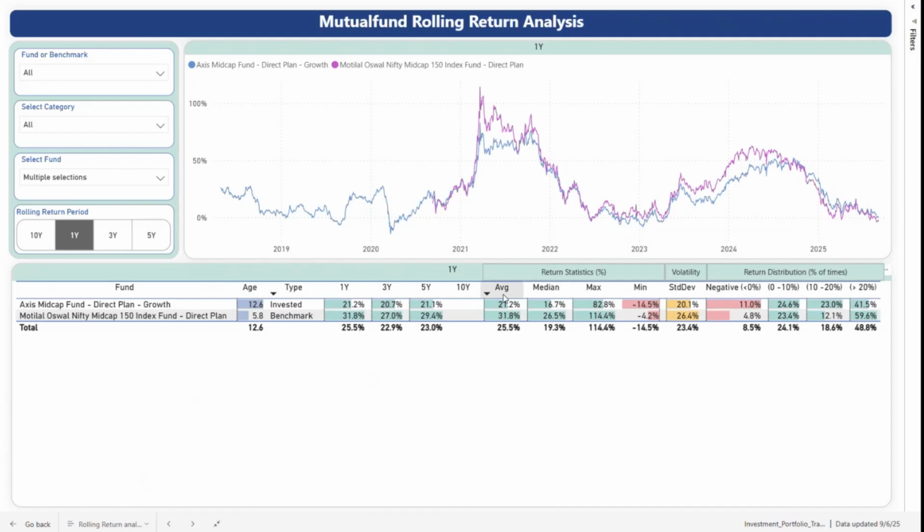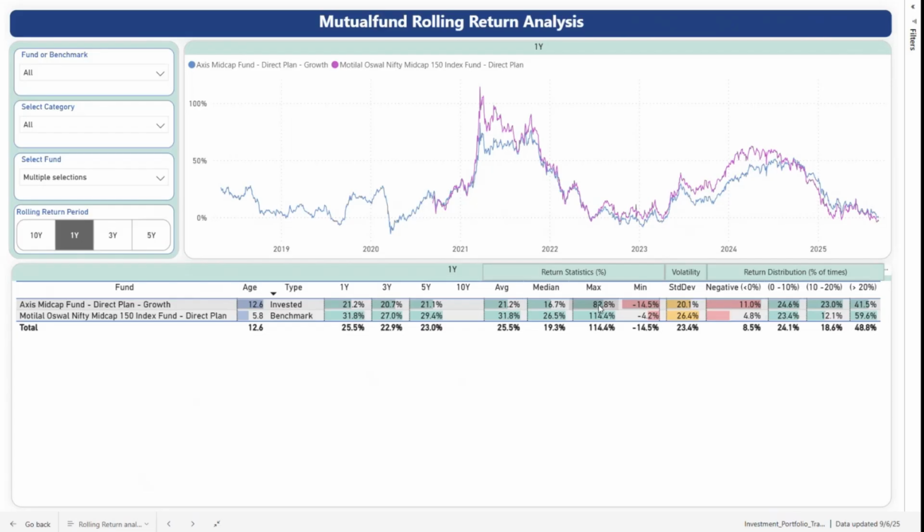And look at the average, median, max, min and standard deviation. These are very important metrics. If you selected 1 year, this average, median, max, min, standard deviation and the return distribution are specific to 1 year alone. For 1 year, Axis gave an average of 21 percentage, from here all the way to here. Max is 82%.